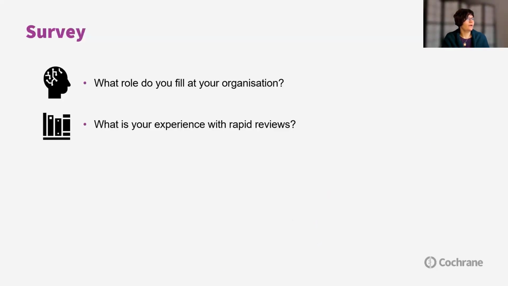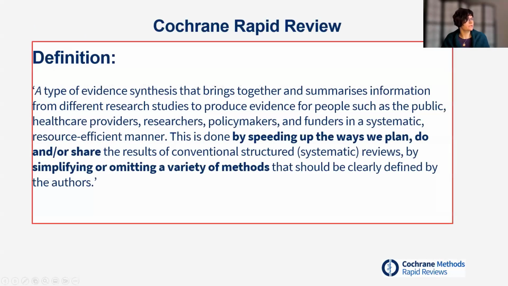So, well, if you already joined the last talk in this series, you have already seen this slide about the definition of Cochrane Rapid Reviews. And the important part here is aiming to speed up the review process, usually by simplifying or omitting methods.